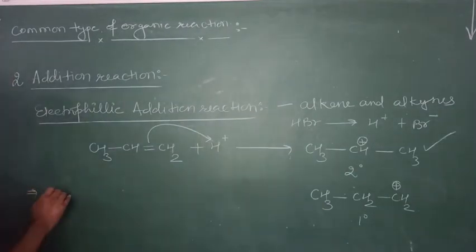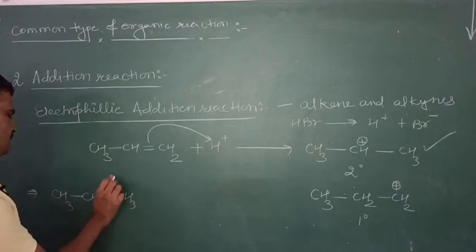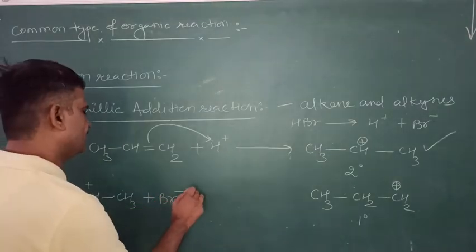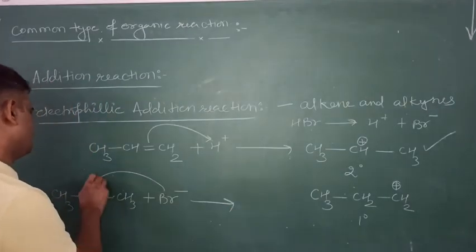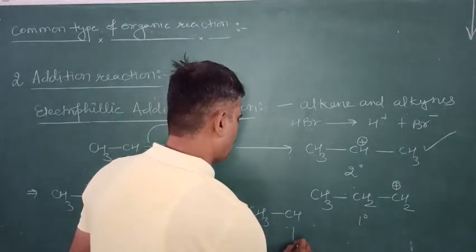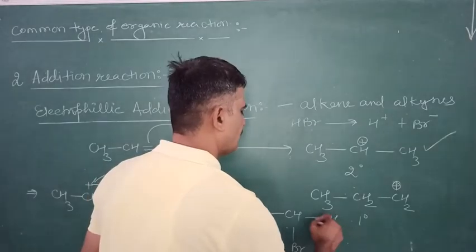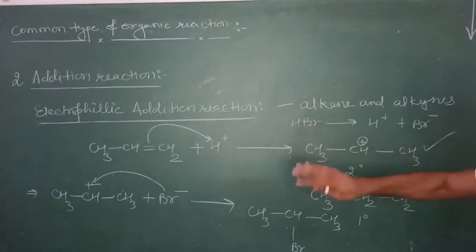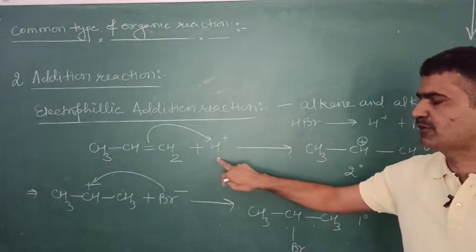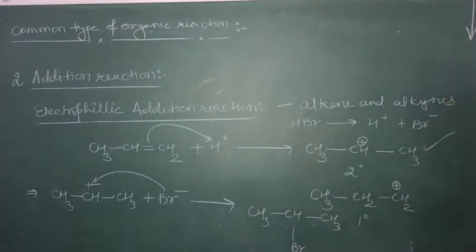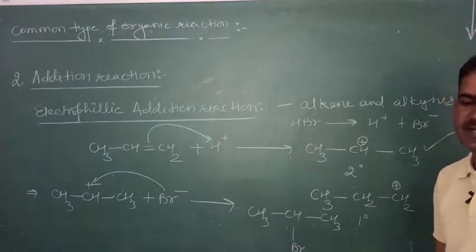Now this secondary carbocation will be attacked by this bromine ion and it forms 2-bromopropane. This is an electrophilic addition reaction because in this reaction first the electrophile is added, that is coming from the acid. This is known as the electrophilic addition reaction.